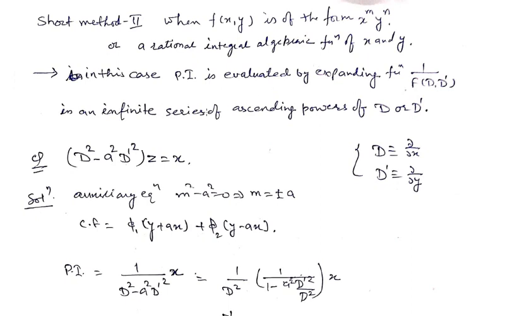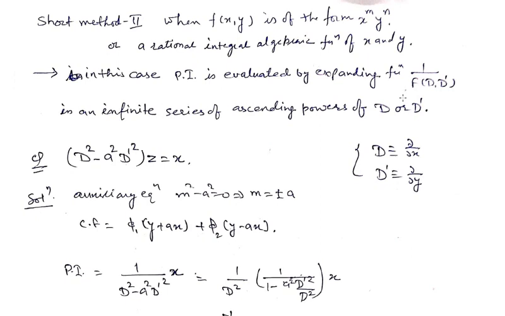This means we are given the equation F(D, D dash) z equals a function of x, y, where the function of x, y is in the form of x raised to power m, y raised to power n. M may be 0 or a positive integral power, and similarly n might be 0 or a positive integral power of y. Now here what we do is take either D or D prime, taking the highest power of D outside.